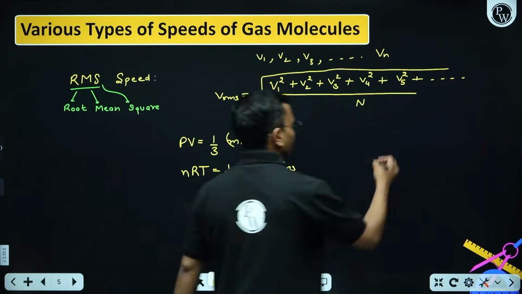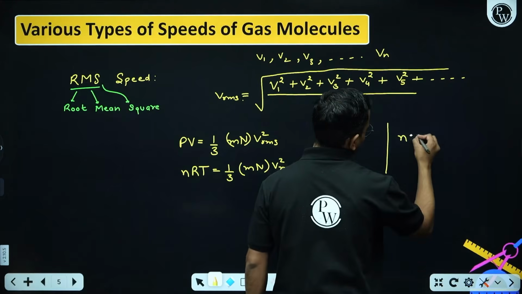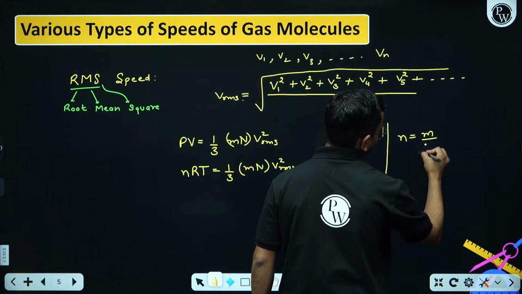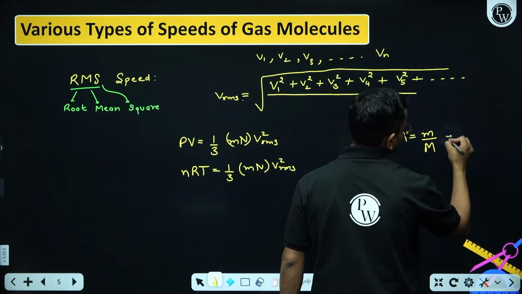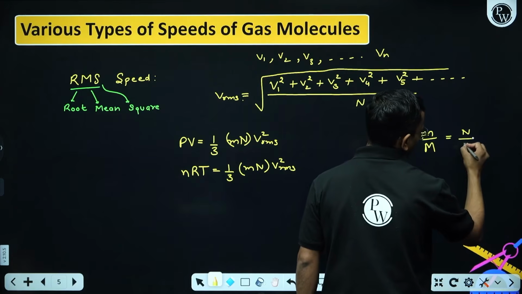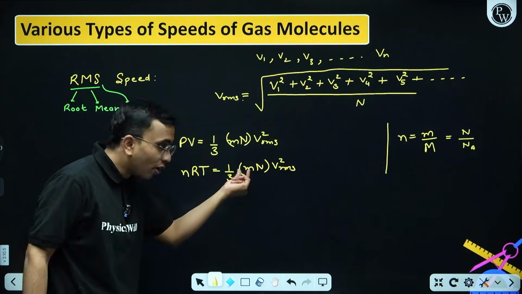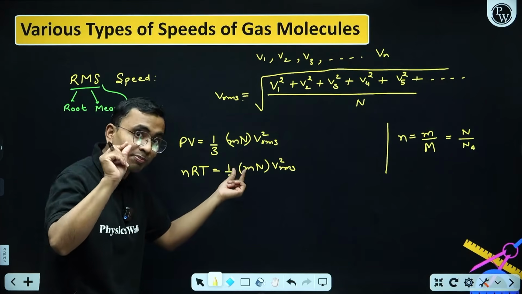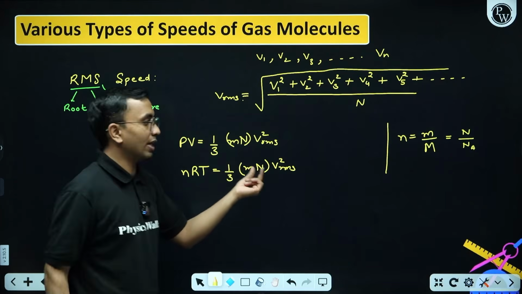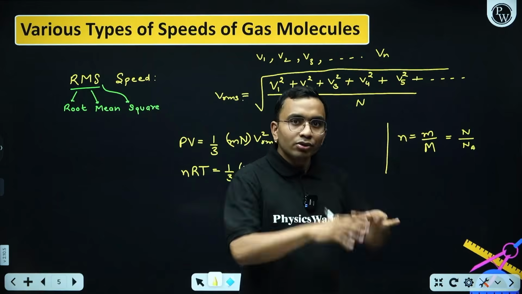So you know that n is equal to the given mass divided by the molar mass, and this is equal to the number of molecules divided by the Avogadro number. Here this small m is the mass of one particle, one molecule of the gas. Here this is the total given mass.